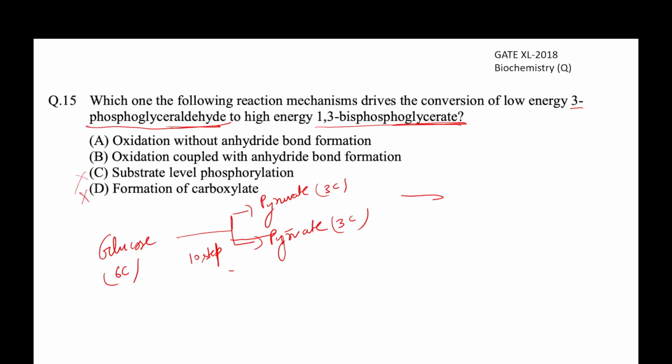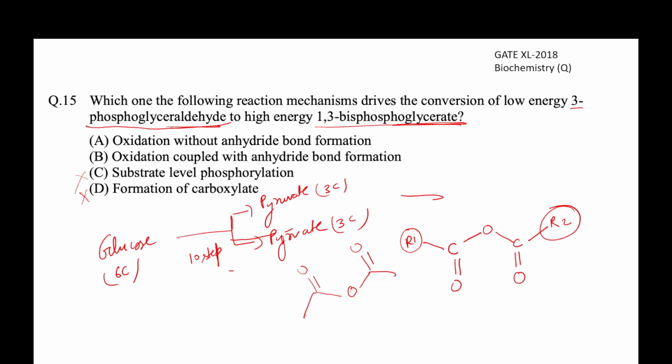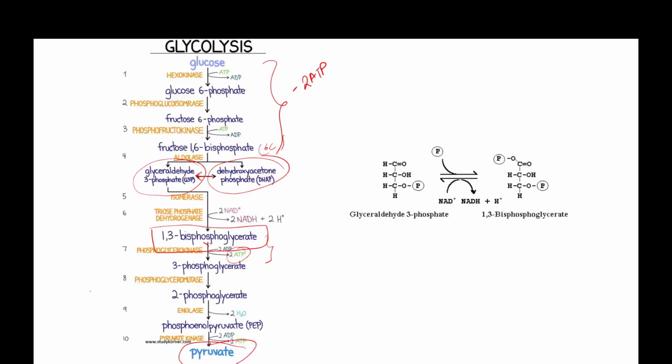An anhydride bond is something like this. This is the anhydride bond. That kind of structure you are finding is the anhydride bond. That anhydride bond is generally present in ATP. This kind of anhydride is called a phosphoanhydride bond.